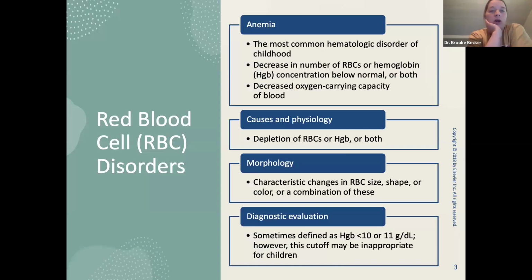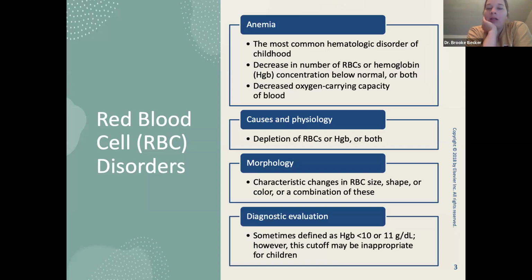So anemia, the broad term, is just a decreased number of red blood cells or a lower hemoglobin. You can have some anemias with a normal red blood cell count but a low hemoglobin, so it can be any combination. You can have normal red blood cells and a low hemoglobin, or both low hemoglobin and low red blood cells.